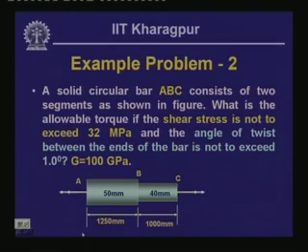Now, again T by J is equal to tau by rho. So, we will have to compute the twisting moment. Tau is given, so T is tau J by rho. Now, J for the part AB, which is of 50 millimeter diameter, and part BC is of 40 millimeter diameter.